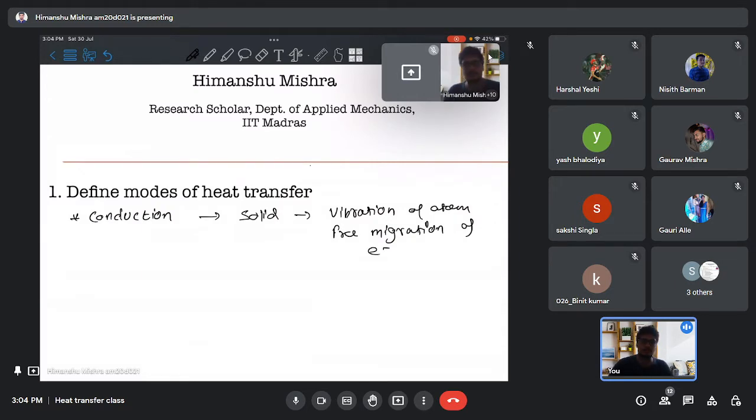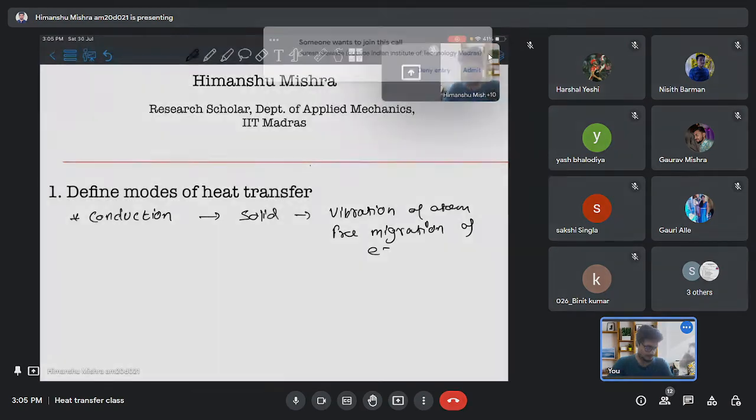Whereas in liquids and gases, conduction can take place particularly if the fluid is in a stationary state. In that case, heat transfer can occur due to the diffusion process or the collision of the atoms. For gases, we know that many atoms are homogeneously distributed inside the phase, and when these atoms collide with each other, they transfer energy from the higher energy atomic state to the lower energy atomic state.